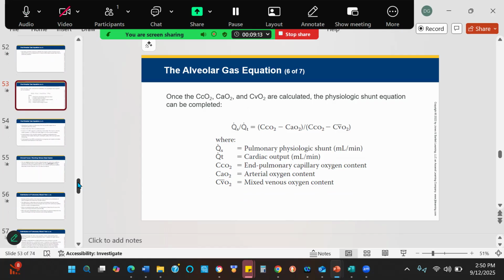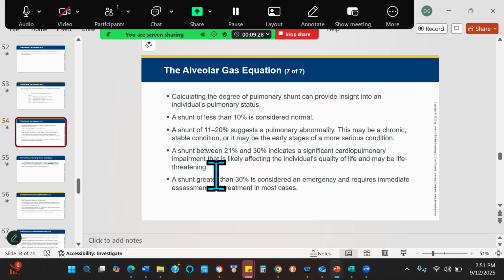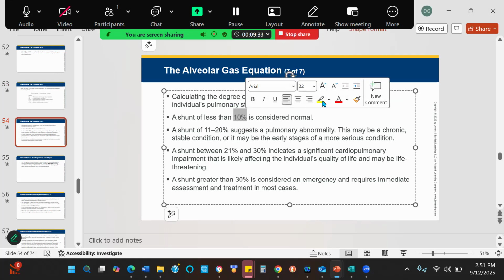All right. I'm sure that seemed like a lot. Don't worry, for this exam, you're not going to have to do those calculations, but we might as well get these formulas started in your head because these are important ones you're going to need to understand. A shunt of less than 10% is considered normal. We said 5% is typical.